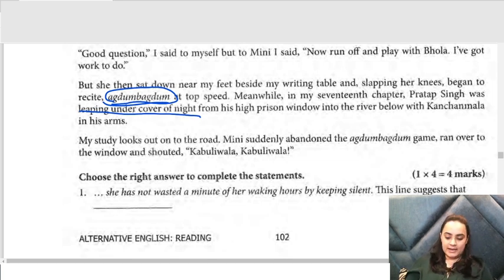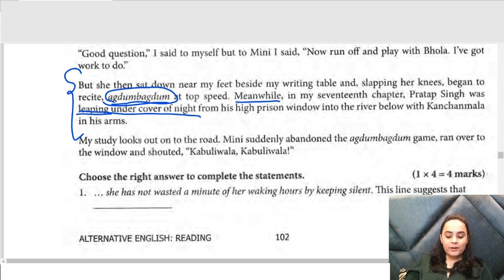And meanwhile, the father was on the 17th chapter and his hero, Pratap Singh, was running under cover, escaping from the prison with Kanchanmala in his arms. Now, this tells us something about Minnie's father, that he was a writer. He was writing a book and this was the character of his book.